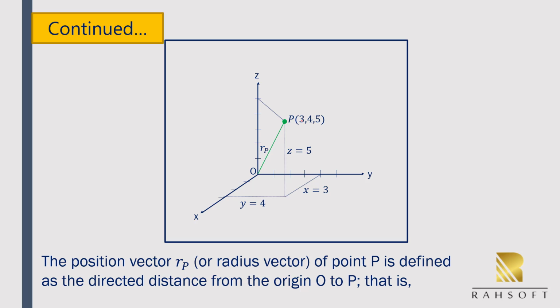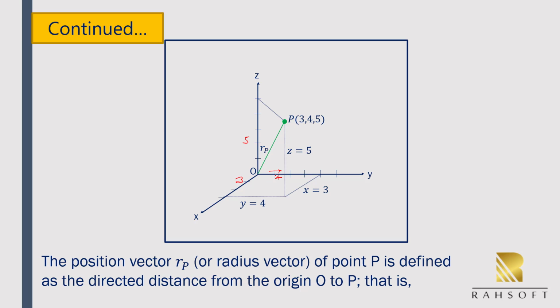This point is 3, 4, and 5. So on the x-axis this is 3, on the y-axis it is y equal to 4, and this is perpendicular to here, so this is the z-axis, this is 5.